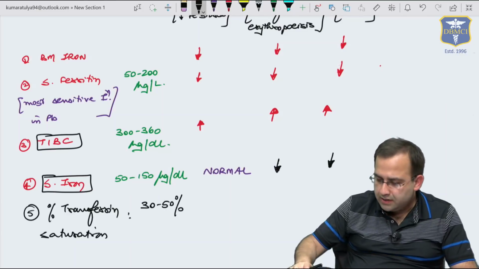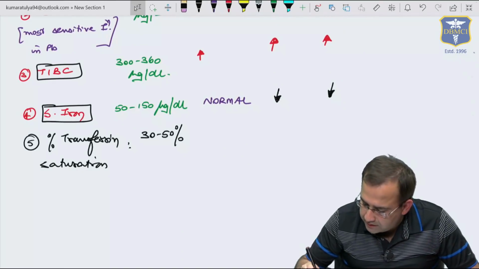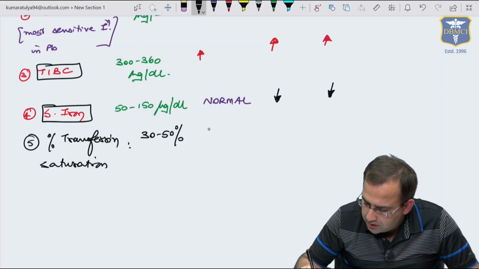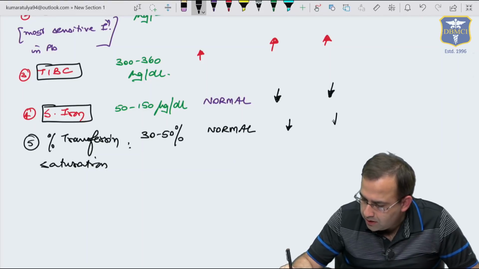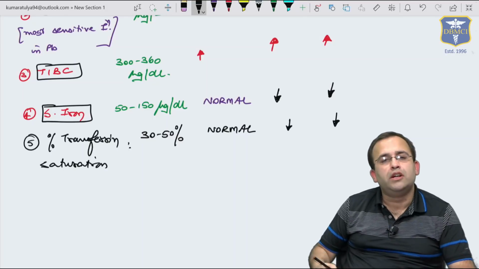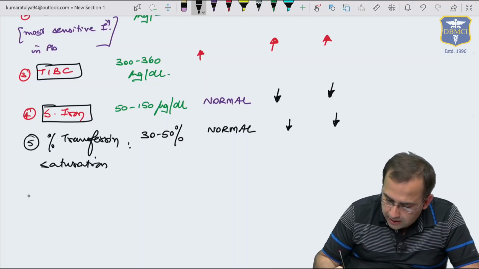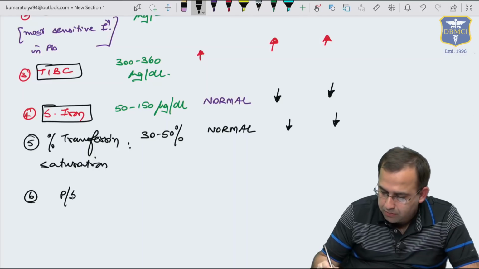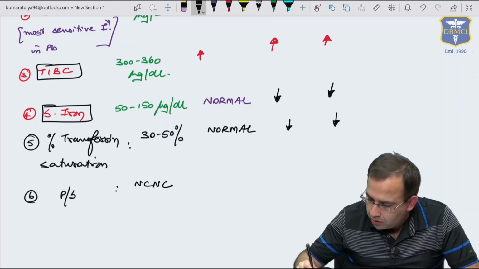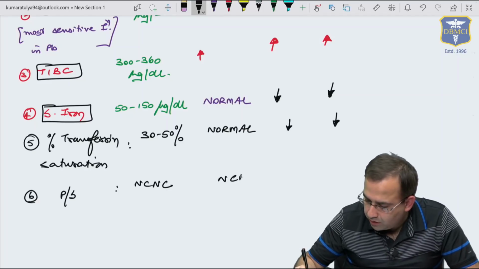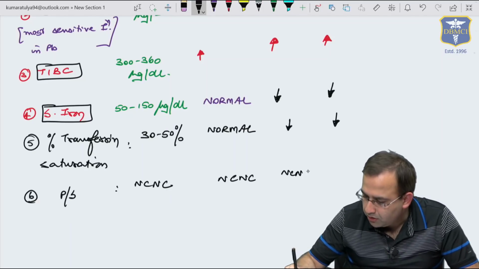Stage 1, the serum iron was normal, so percentage transferrin saturation is normal. It is reduced in stage 2 and 3. And last is peripheral smear. Normally it is normocytic normochromic.